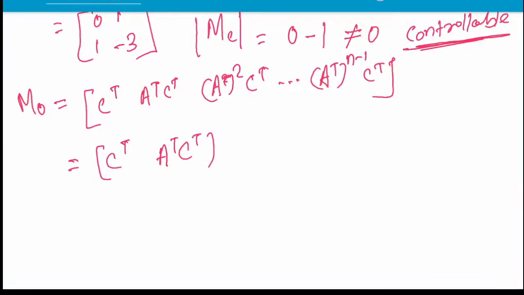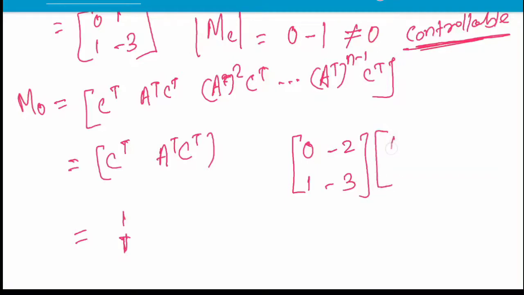C transpose is [1 1], and A transpose is [0 -2; 1 -3]. If we multiply A transpose and C transpose [1 1], this will be -2 and -2, so the matrix is [1 -2; 1 -2].